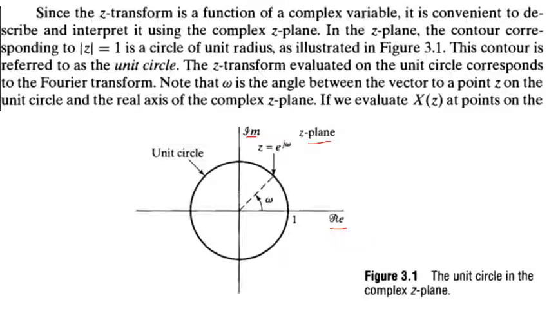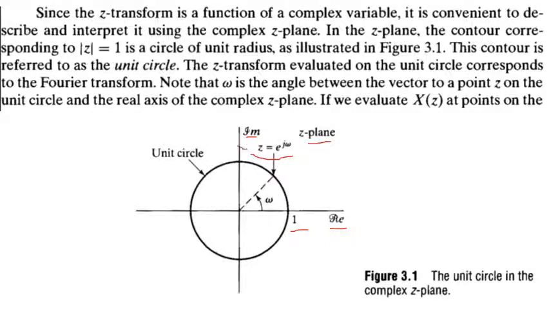And then to define the relationship between the Z transform and Fourier transform, we have a unit circle. This is a unit circle with a radius of 1, and this is the value of Z.